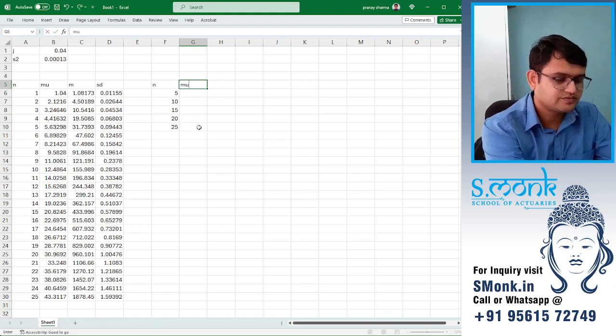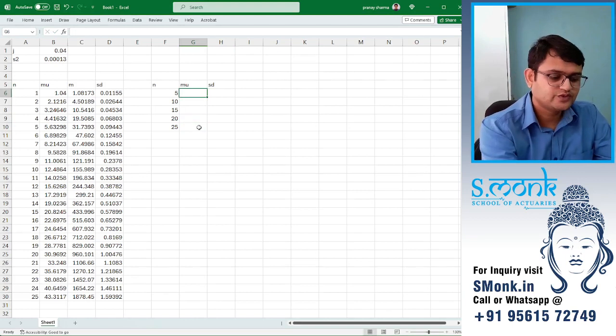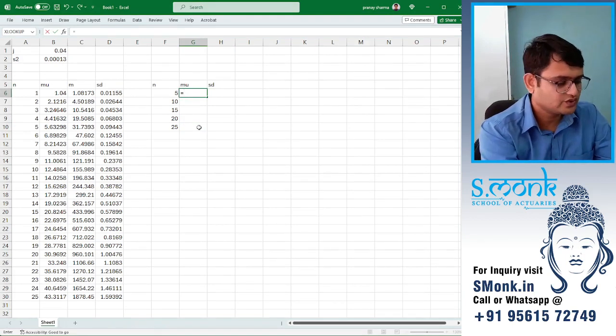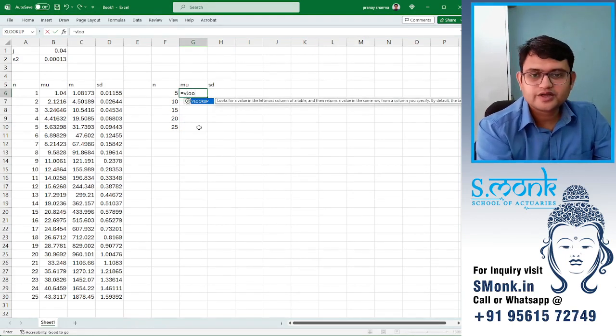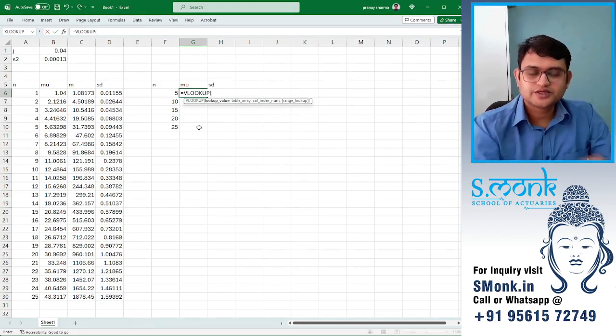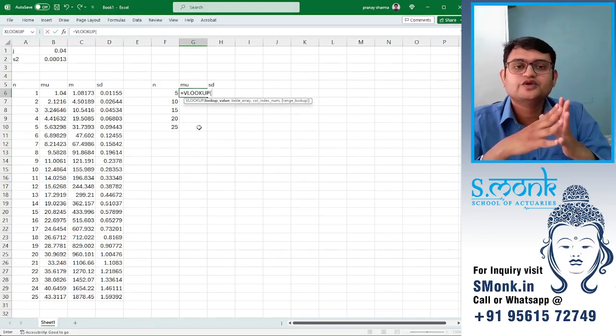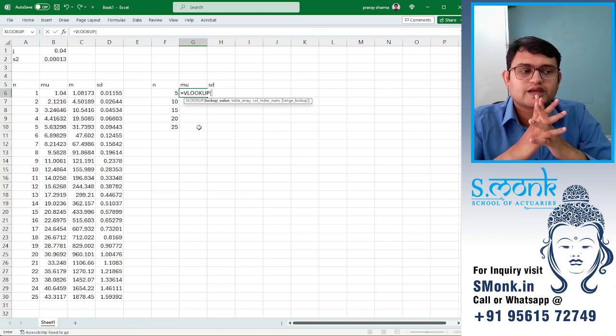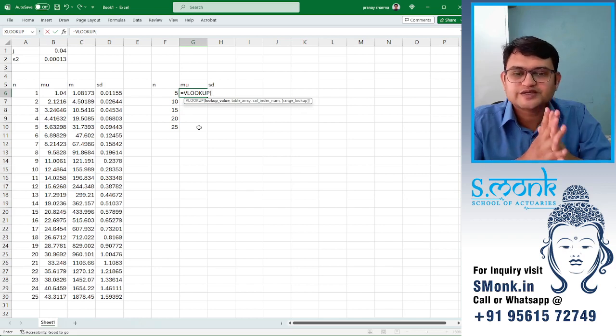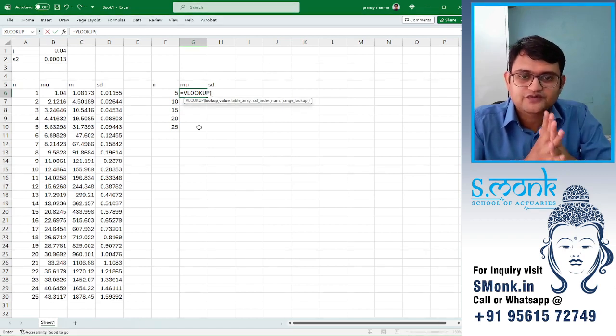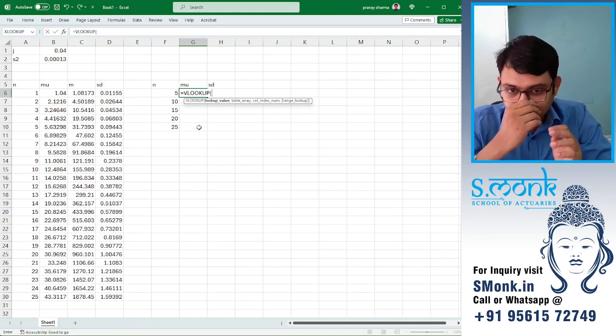I would say mu values and SD values. So for mu values, I would say equal to VLOOKUP. Everybody, I hope, knows what VLOOKUP is. VLOOKUP we use to find specific values. So here we want n is 5, 10, 15, 20 and 25.